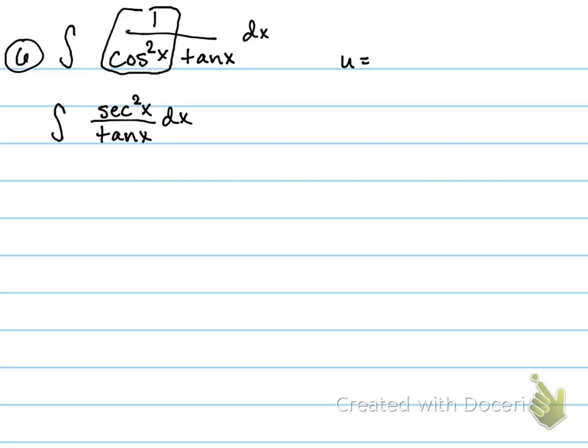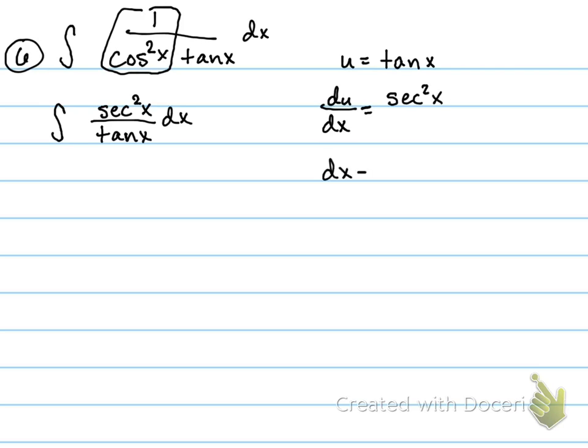Now that I know that, how might that help me? Well, I know that if I let u be tangent, I need something to cancel with secant squared. If I take the derivative of u, isn't the derivative of tangent secant squared x? I think that it is.